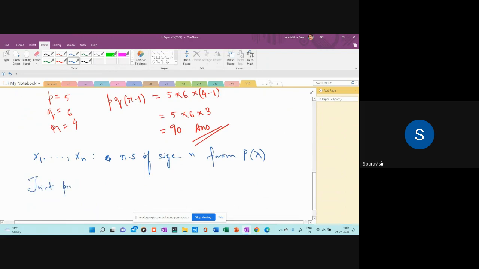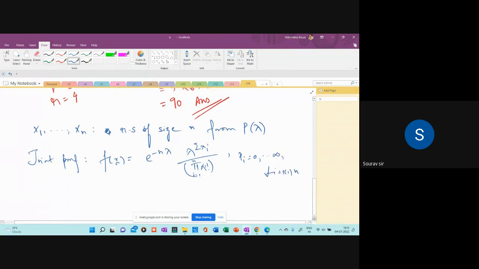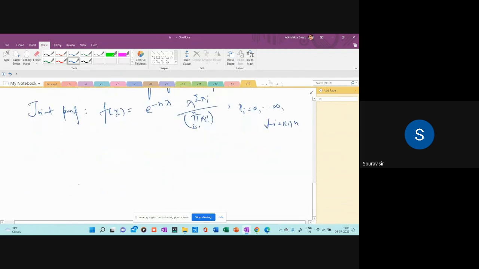The joint PMF will be e to the power minus n lambda, lambda to the power summation xi, over the product of xi factorial, with i running from 1 to n.